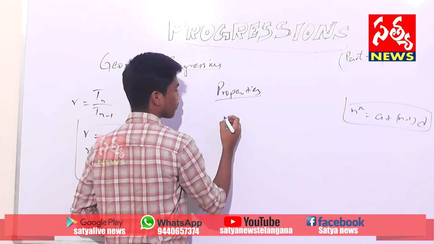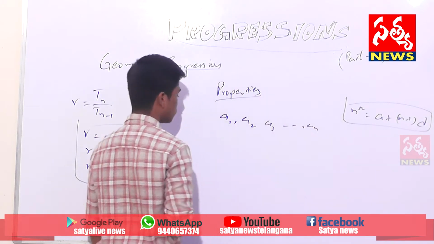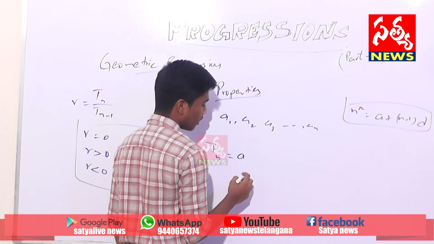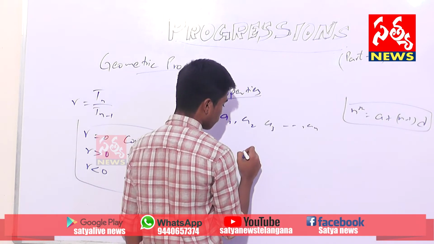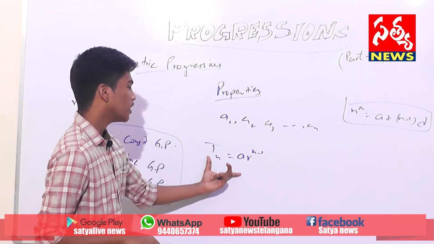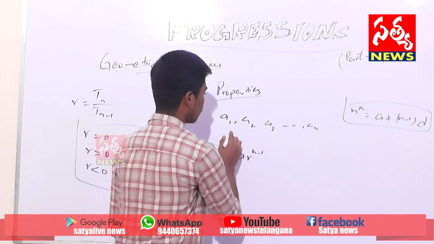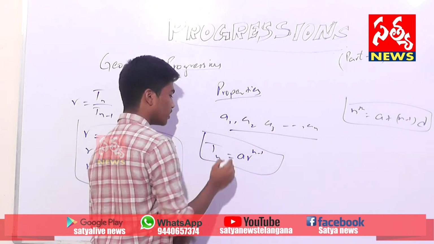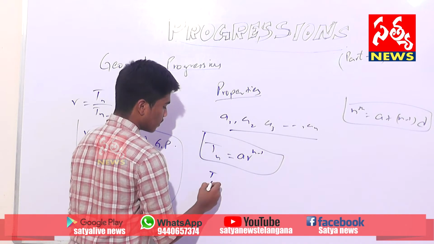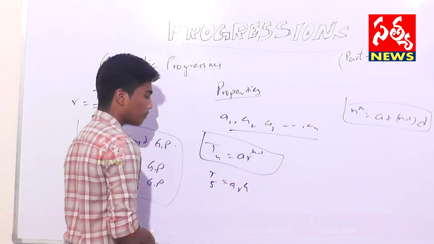Similarly, in GP, if a1, a2, a3, and so on, an is a series, then t of n is equal to a r power n minus 1. This is the nth term of this respective GP. If we take the fifth term, t5 is equal to a r power 5 minus 1, which is 4, like that, okay?